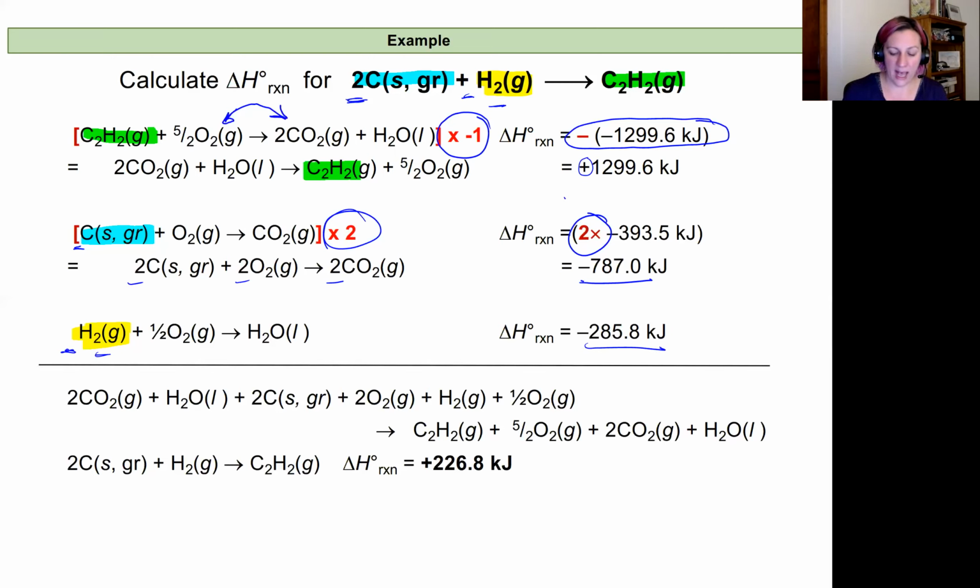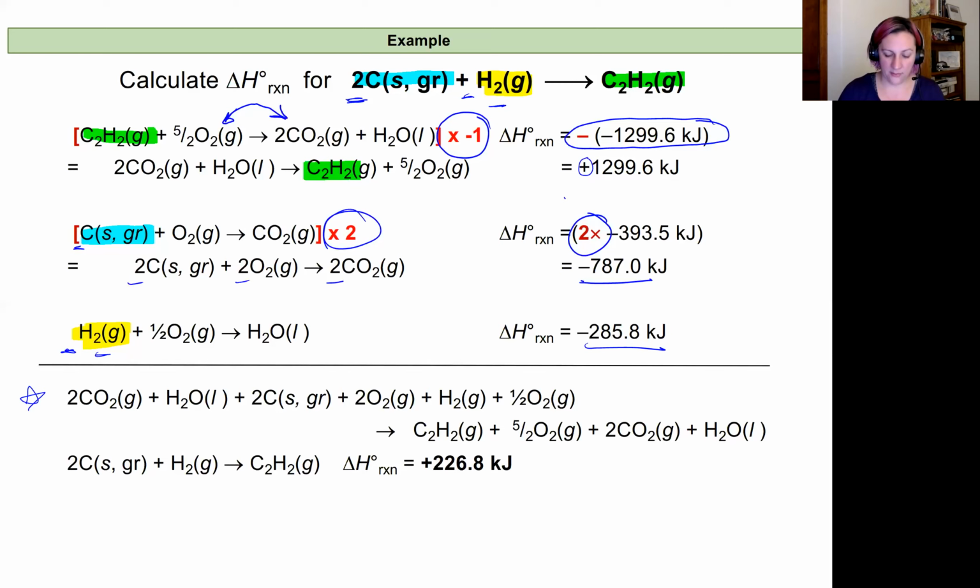Now I'm going to add all 3 of these reactions up together by taking everything on the reactant side and putting it on the same reactant side of an equation, and taking everything on the product side and putting it on the other side of the arrow. And I get this really long thing down here at the bottom. I'm going to highlight the things that I'm most interested in, right?